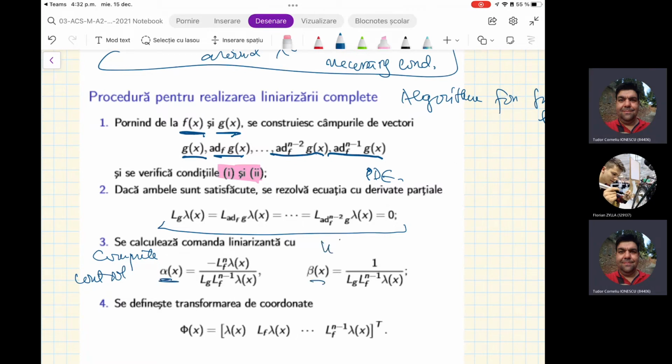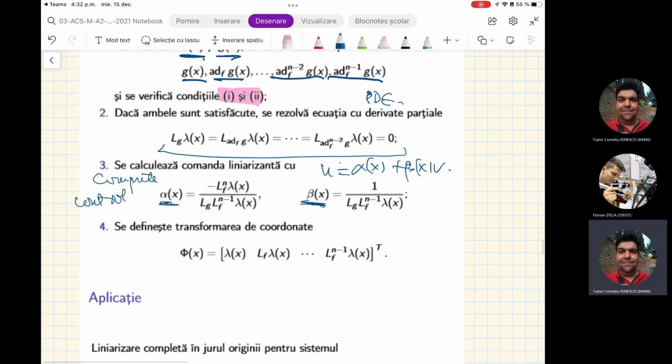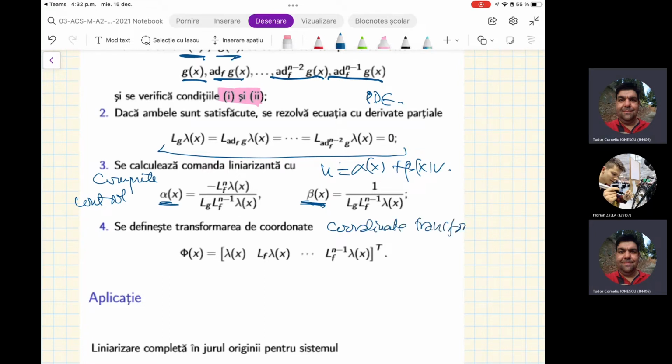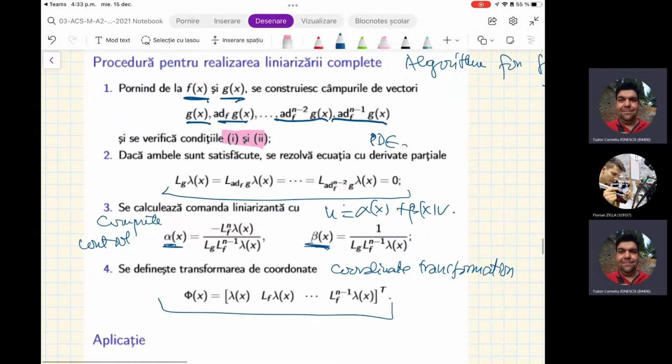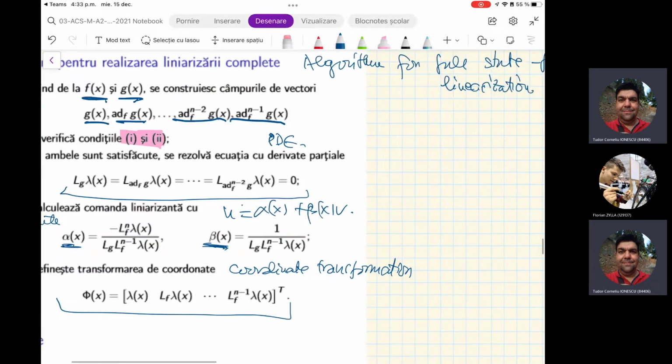I remind you, u is alpha(x) plus beta(x) v, and you pick alpha and beta to be these guys. Finally, you build the coordinate transformation. And that's it. You apply this coordinate transformation and you do full feedback linearization.